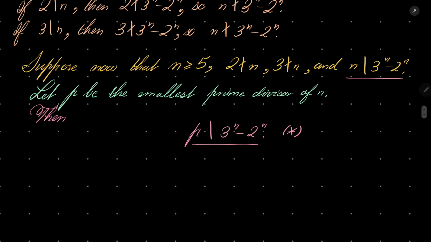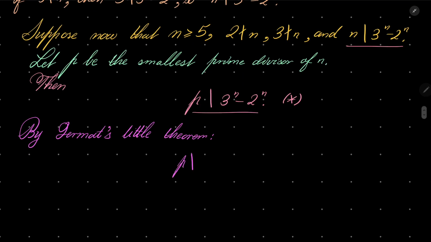But also by Fermat's little theorem, write it in pink, by Fermat's little theorem, p divides 3 to the power of p minus 1 minus 1, and p divides 2 to the power of p minus 1 minus 1, because p is not divisible either by 2 or 3.